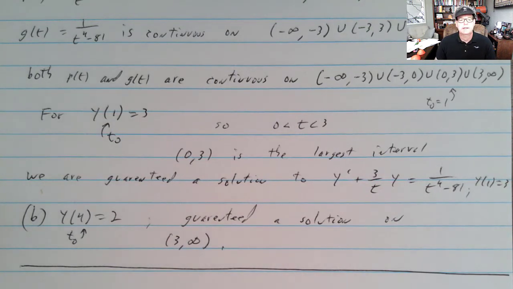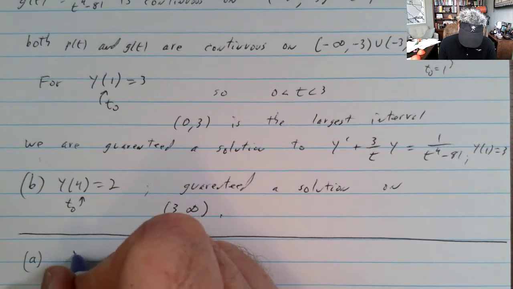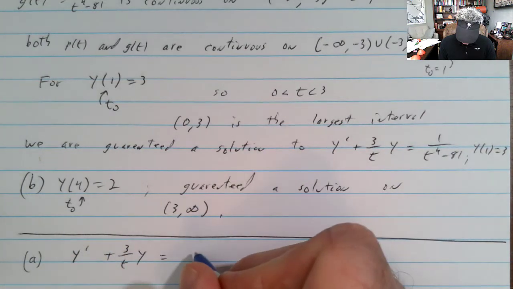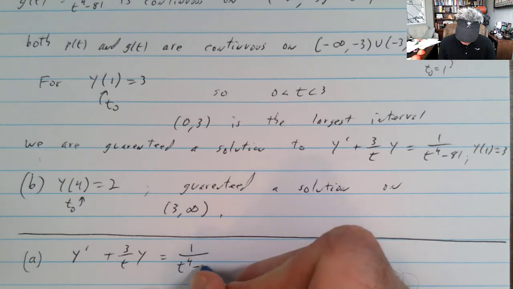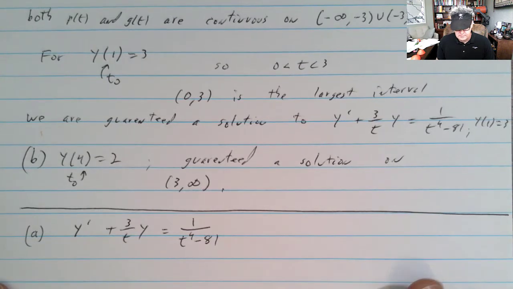But this one was made so we can actually find the solution. So let's go a little above and beyond and do that. So back to part A, and I know I didn't label it part A, but I'm treating it as part A. Y prime plus 3 over t y equals 1 over t to the 4th minus 81. So we have our p of t.